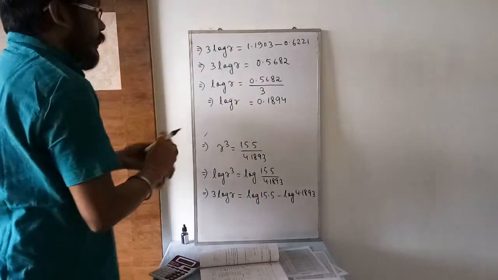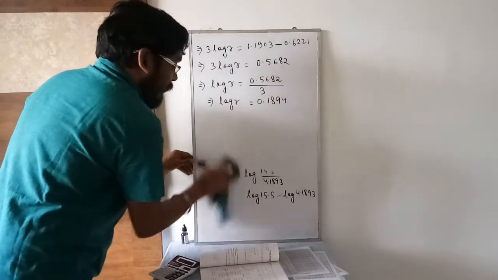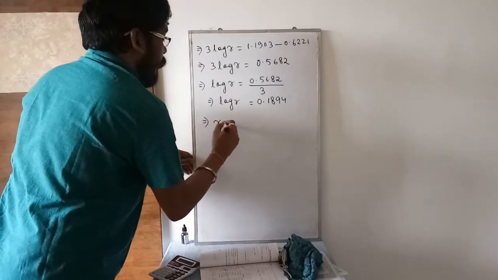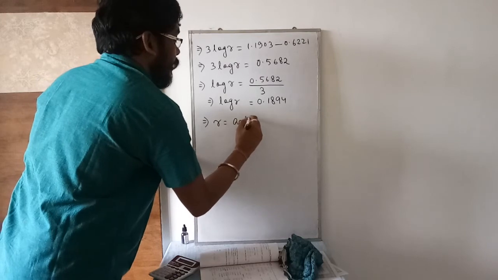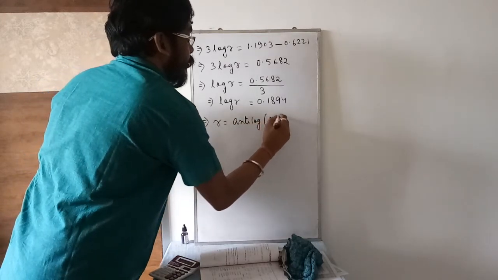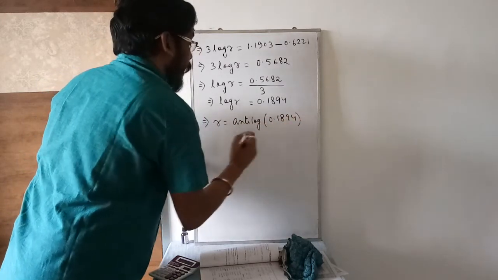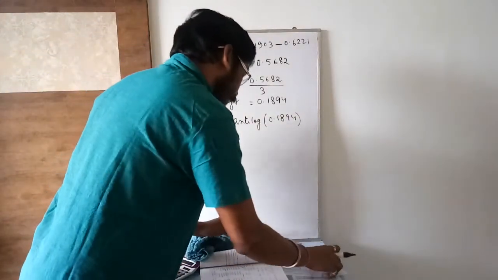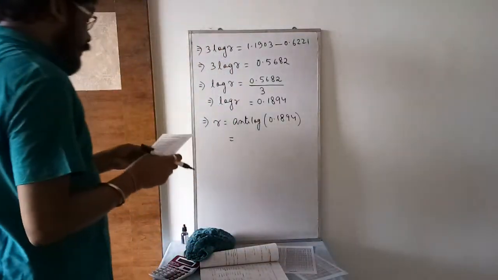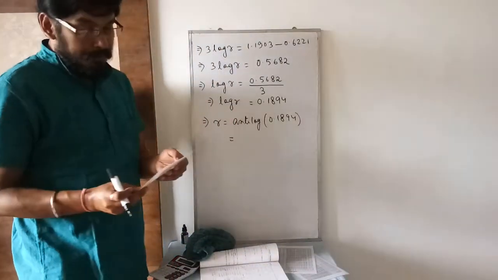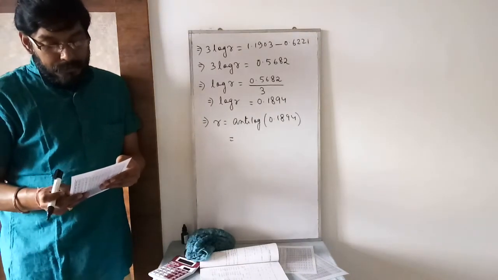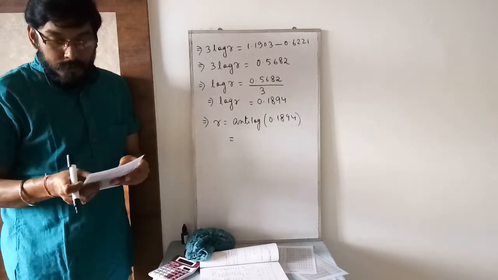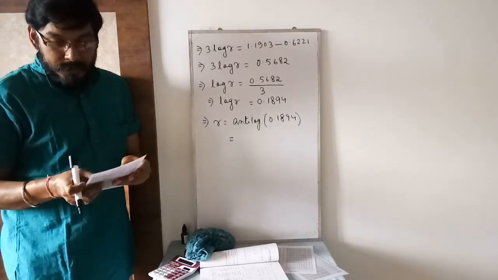I have to find only the value of r. So to find the value of r, this implies r equal to the anti-log of 0.1894, since you have removed the log. If you see the anti-log table, 18.9 is 1545 and the mean difference for 4 is 1.